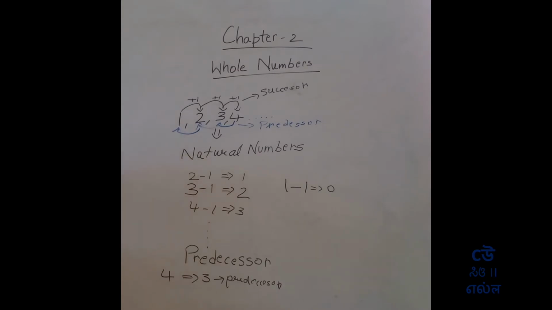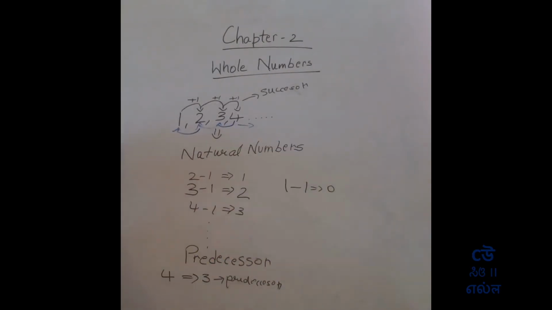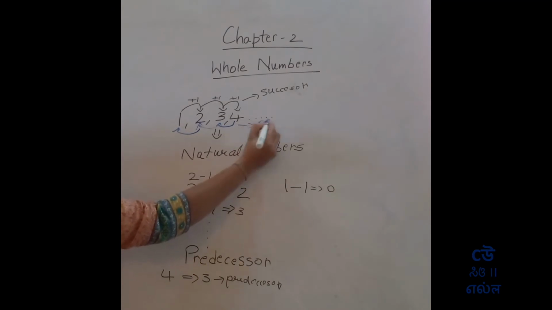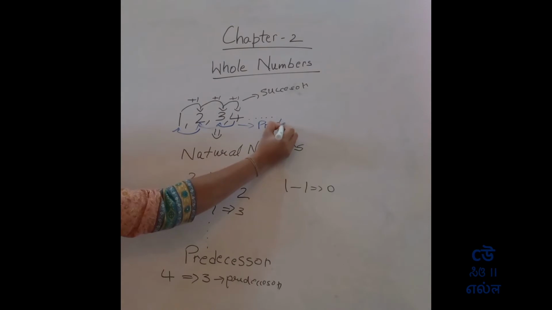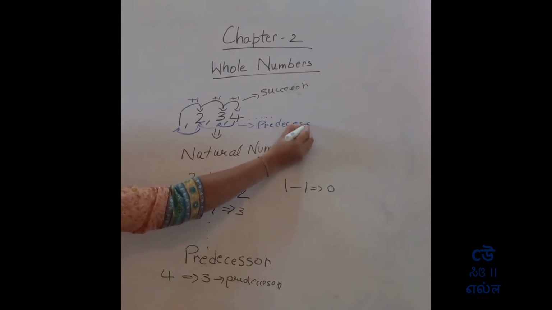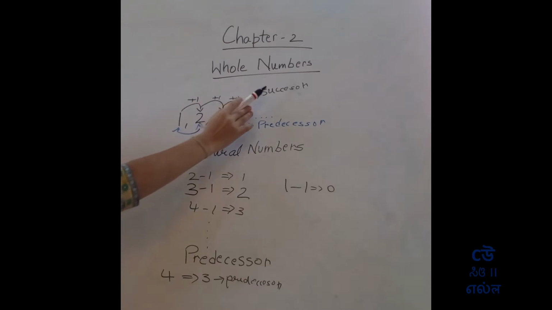So we have a successor, but we don't have a predecessor. Blue represents predecessor, right? So here, following these black lines, the next numbers will be the successors, and the before numbers will be the predecessors.